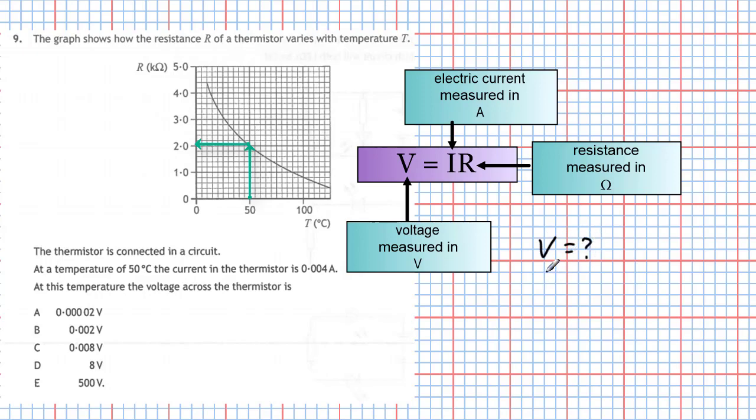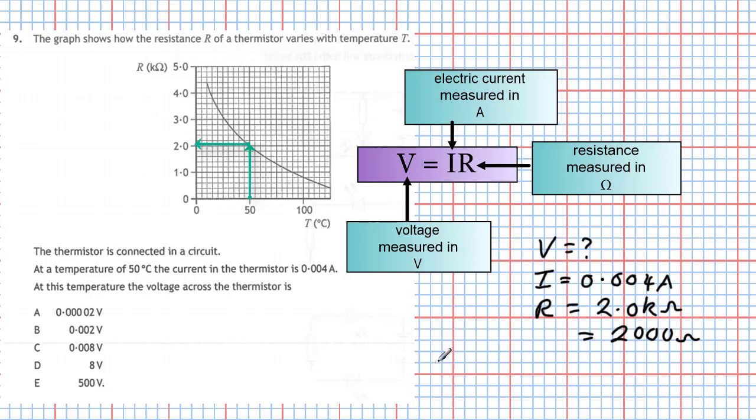I know the value of the current at that particular temperature, it's 0.004 amps. And I've worked out the resistance of the thermistor from the graph to be 2 kilo ohms. We've got to be very careful, 2.0 kilo ohms is going to equal 2000 ohms.